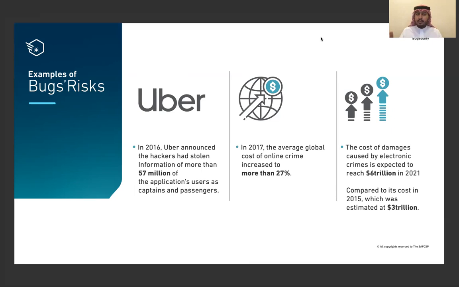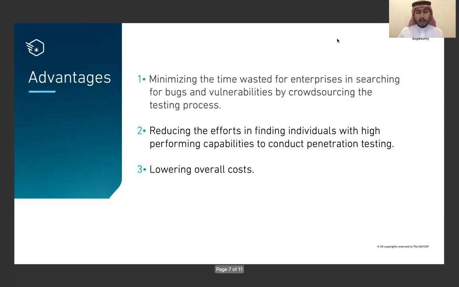They estimated that it will increase in 2021 to $6 trillion, almost double. So that's why people and companies really care about their cybersecurity and about finding the vulnerabilities faster than the bad guys. Okay, so what are the advantages of bug bounty?